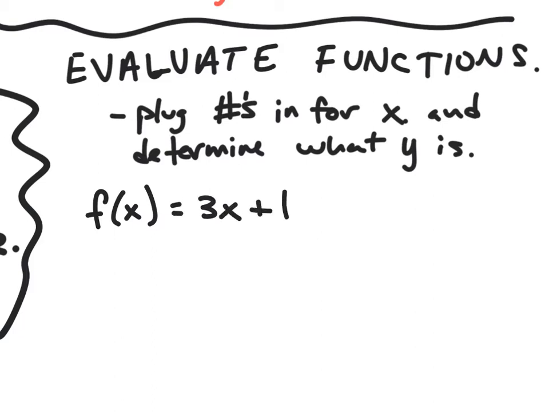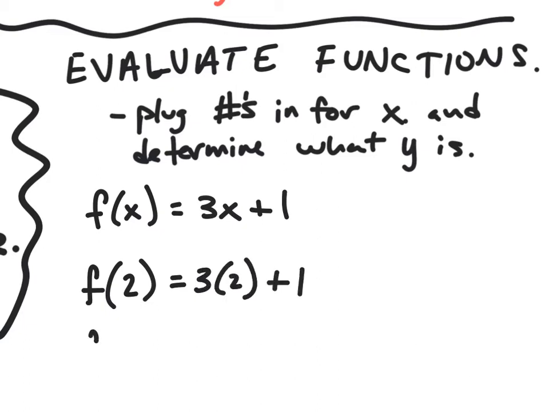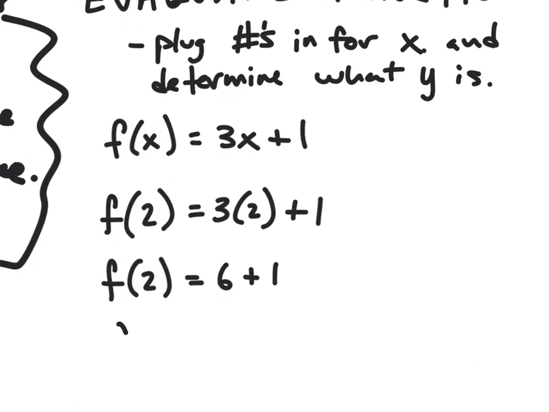Okay, what I'm doing when I'm evaluating a function is this. I'm taking f of, say, let's just plug in the number 2 for x. Then I'm going to do 3 times 2 and then plus 1. So if I do f of 2, that's going to give me 6 plus 1, so f of 2 is equal to 7.